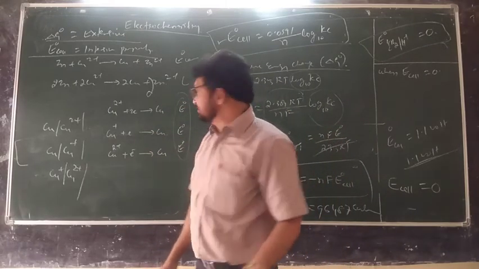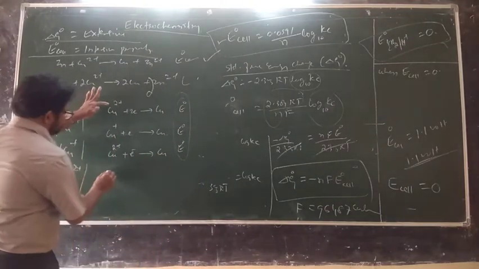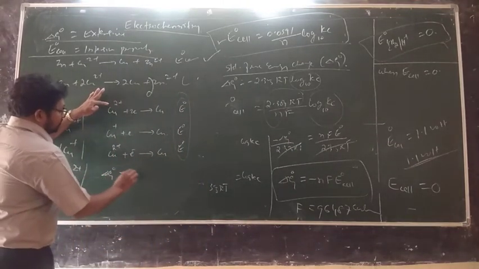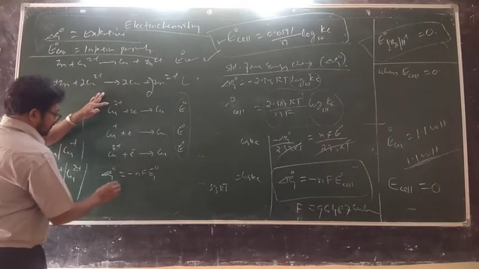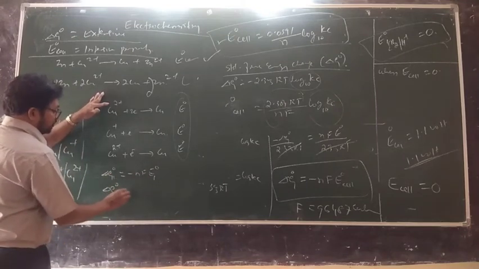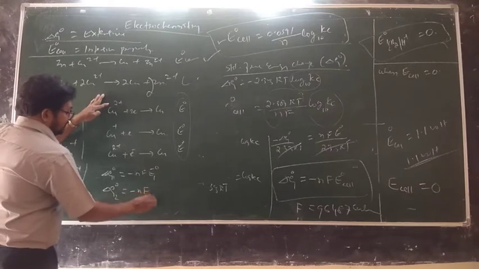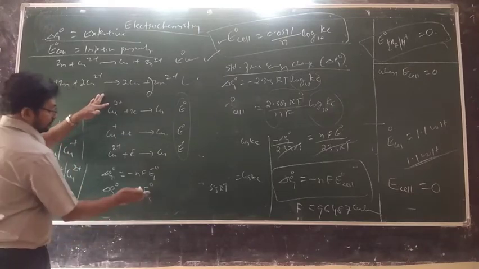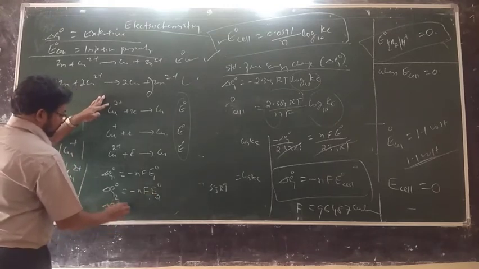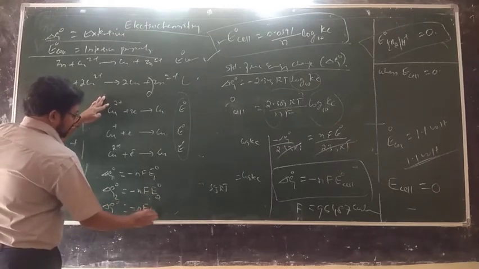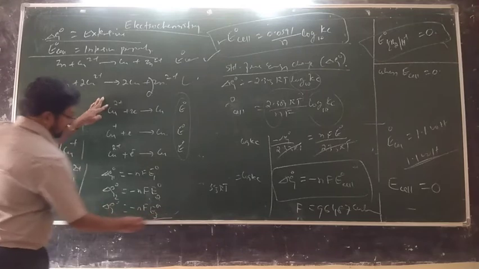Then what to do? For each one you have to take delta G1 naught equal to minus NF E1 naught, delta G2 naught equal to minus NF E2 naught, delta G3 naught equal to minus NF E3 naught.